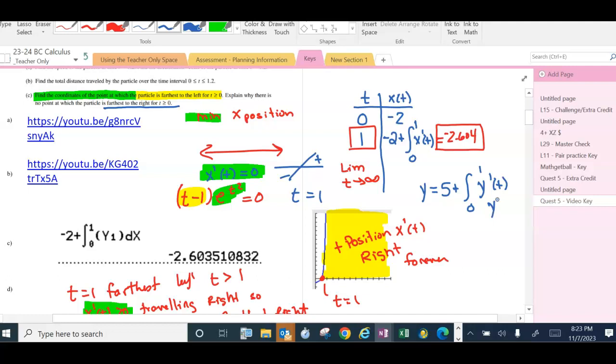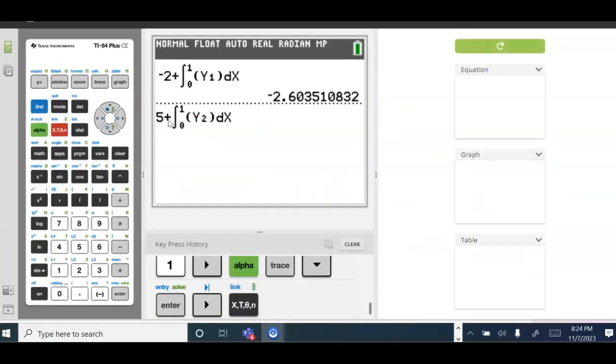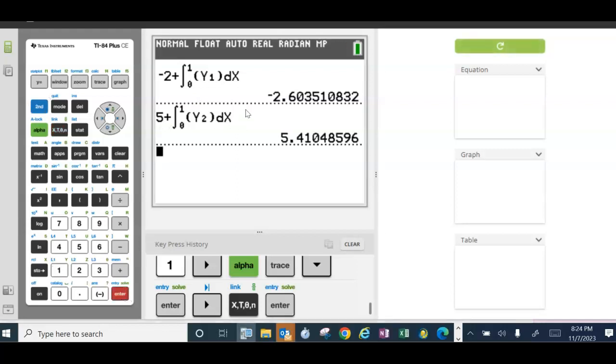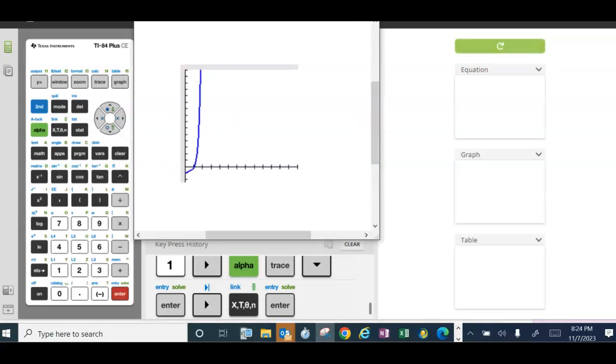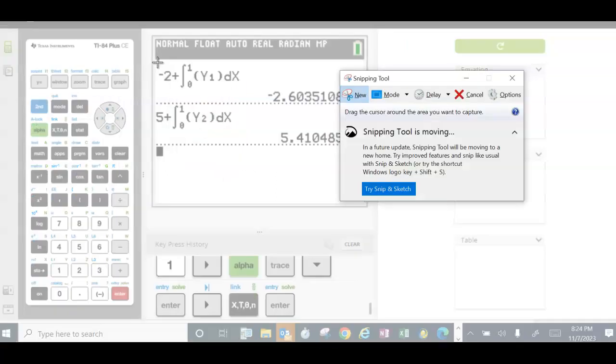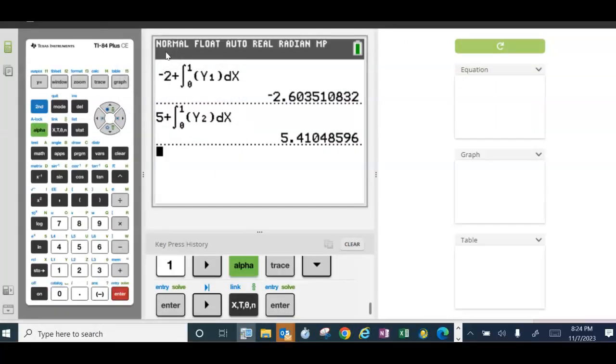And that was saved in our calculator as y1. So we'll go ahead and do that. We went ahead and plugged that in the calculator. We'll hit enter. So now we have both the x position and the y position when we are farthest left.